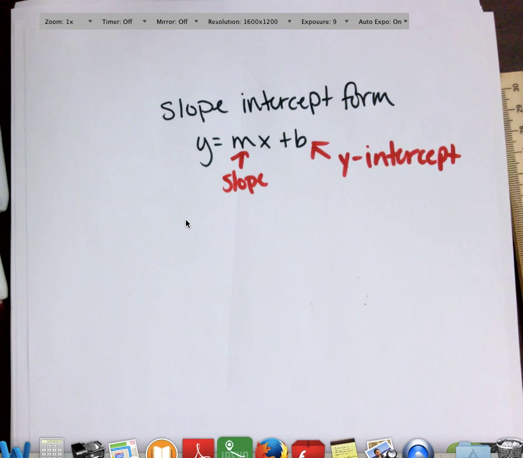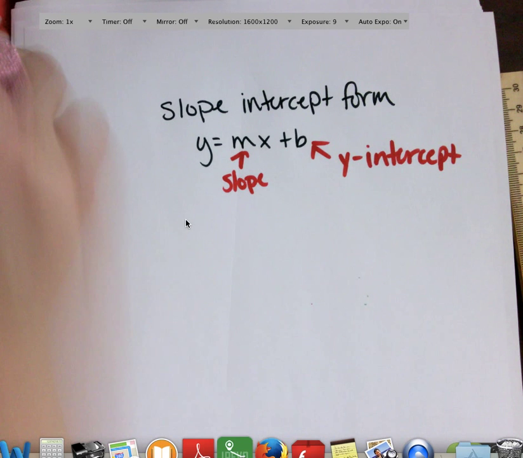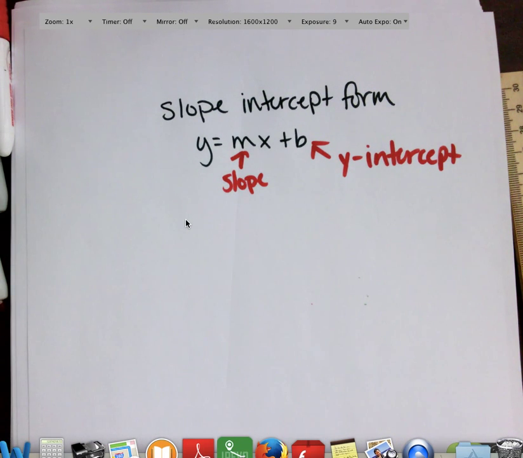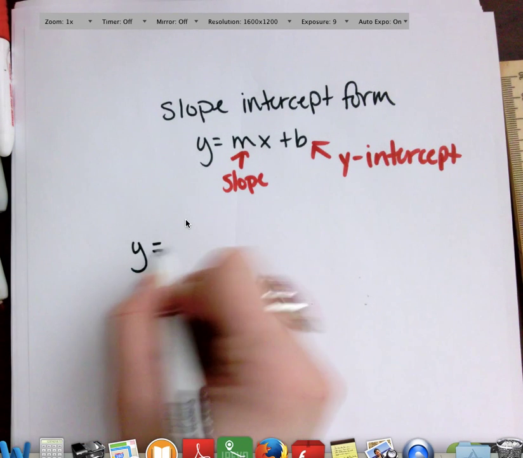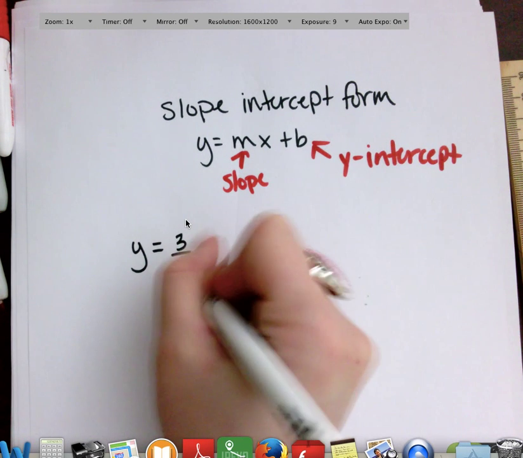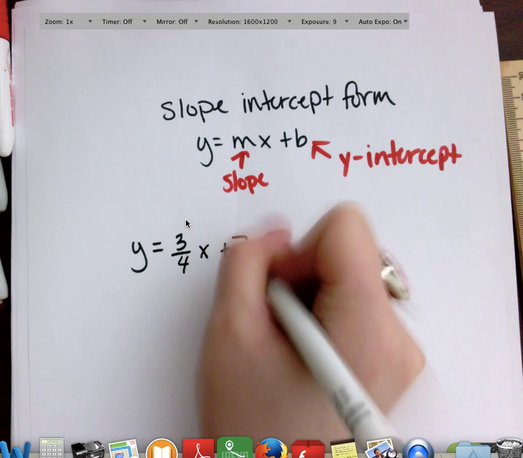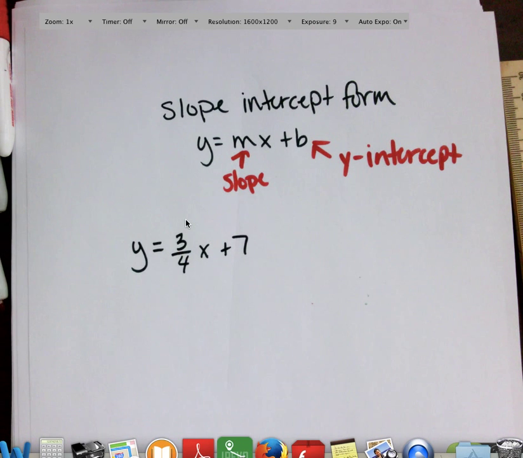Okay, and the y-intercept is where this line crosses the y-axis on the coordinate plane or coordinate grid. So if I'm given an equation, y equals 3/4 x plus 7, what is my slope?